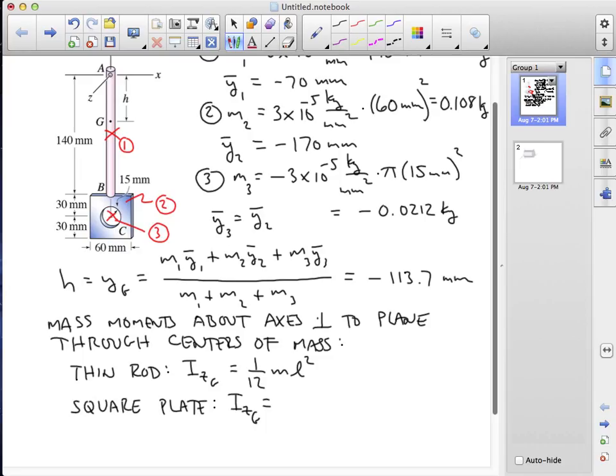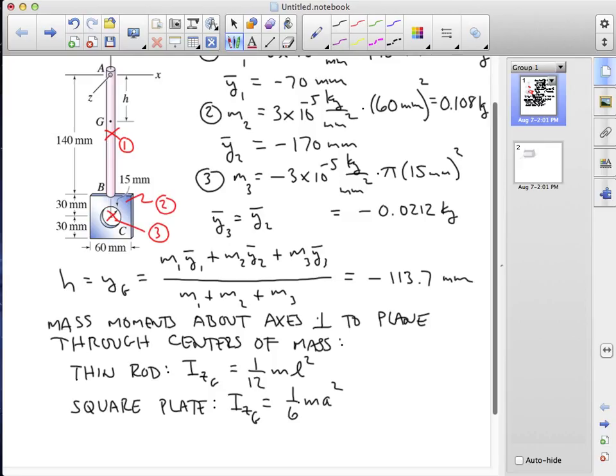If we look up the result for a similar axis through the center of a rectangular plate and then let the two sides of the rectangle become equal, for a square plate we have that the corresponding mass moment will be 1/6 m a squared, where a is the edge length of the square plate, so in this case a would be 60 millimeters.